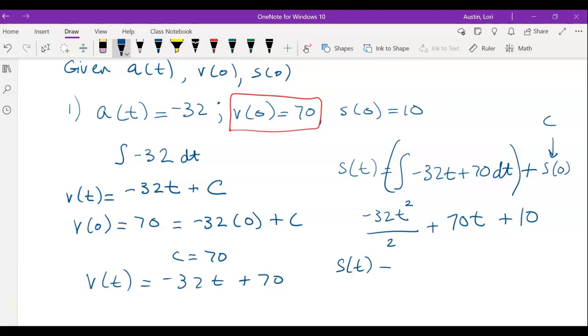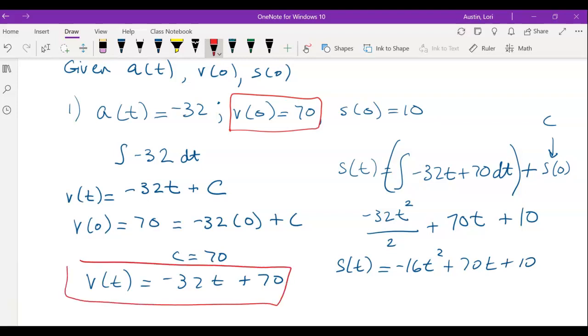S sub t equals negative 16, which is a common coefficient, since we're working in feet per second. I think it's like negative 4.9 if you're in meters per second. And there you go. There are your two functions. We'll do one more, but I think these are pretty straightforward.